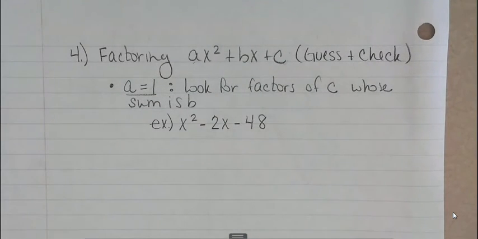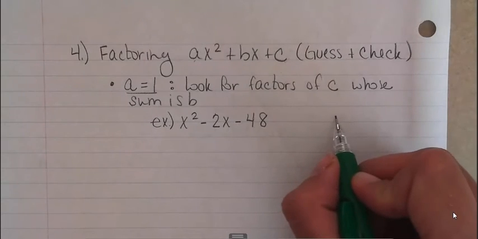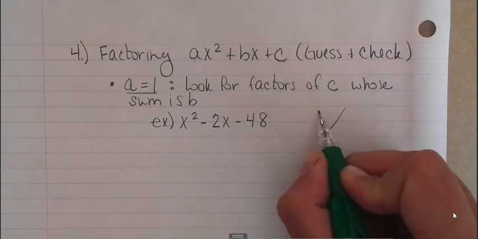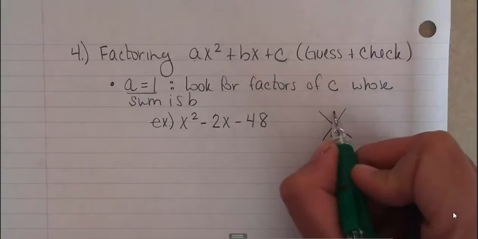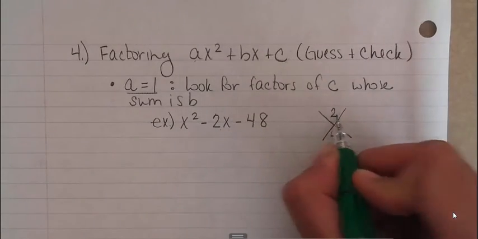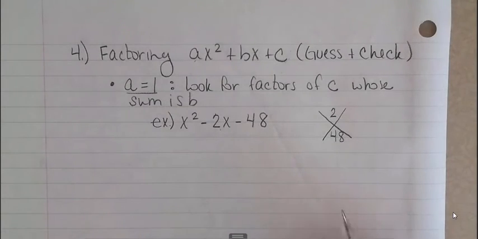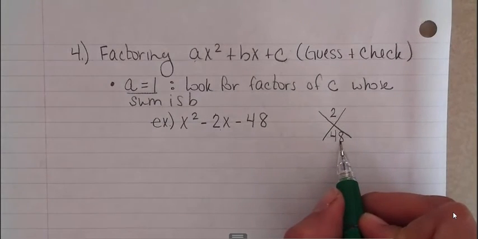So some of you guys would use a diamond for this, and that's totally acceptable. So basically what you're doing is you're saying, what are factors of 48 that will give me negative 2? Okay, so what are factors of 48?